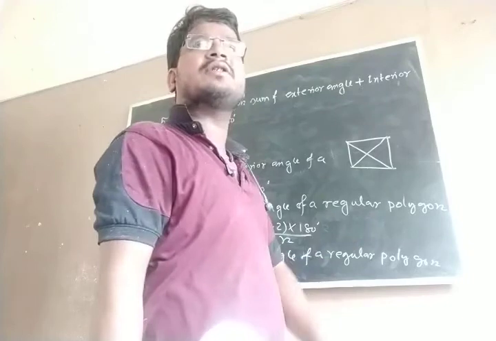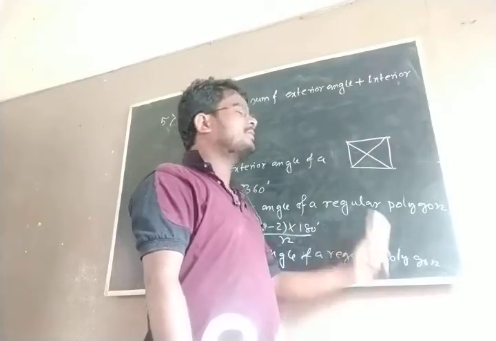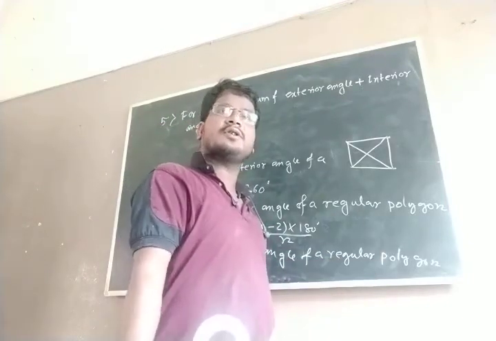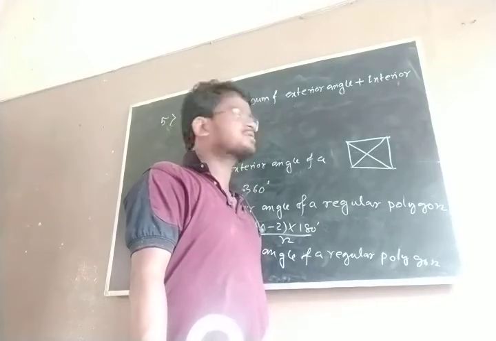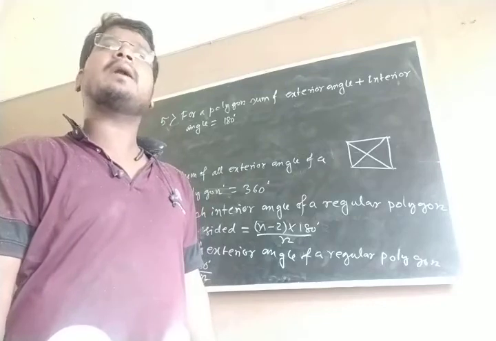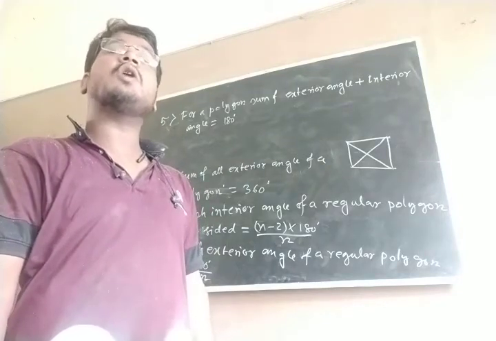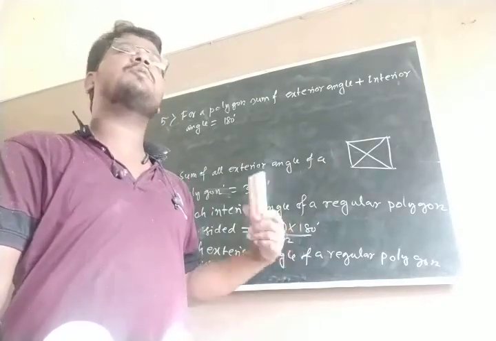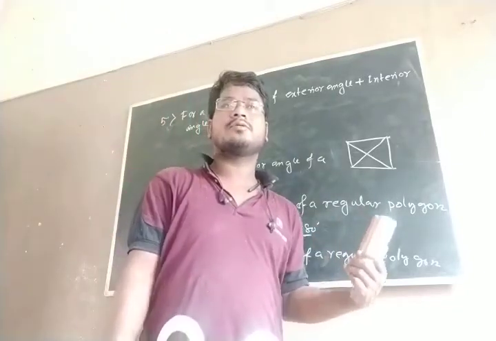How many diagonals are there? If it is a pentagon, you have to draw it and calculate it, so it's not possible every time. But there is a formula for how many diagonals will be formed for a polygon.